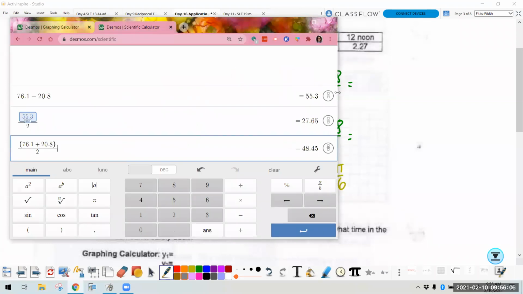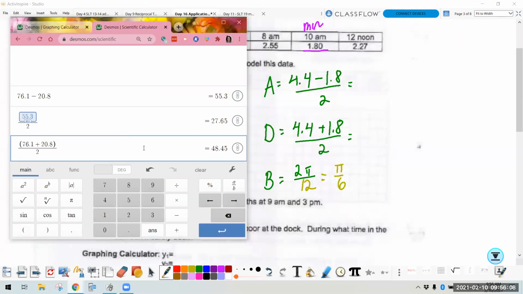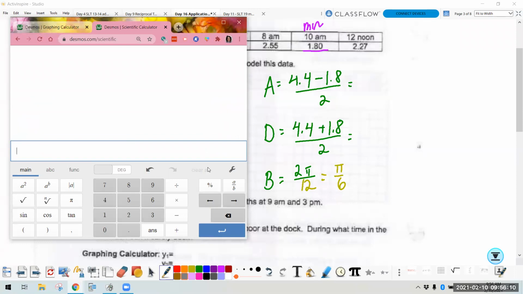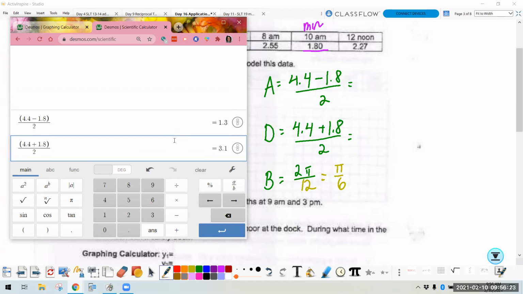Okay, let's calculate our amplitude and midline. Oh, that's tricky. They're reverse of each other. So the amplitude is 1.3.